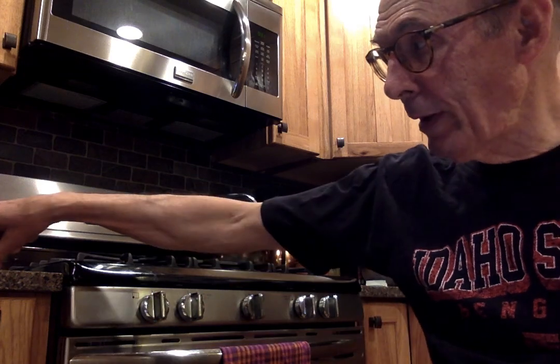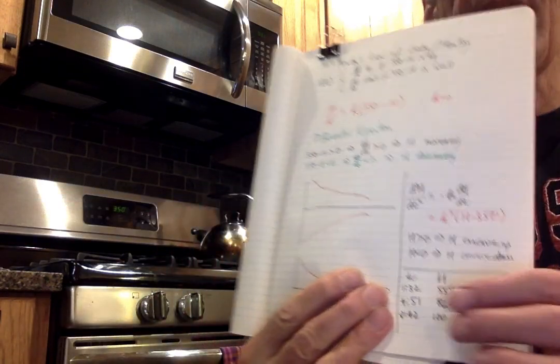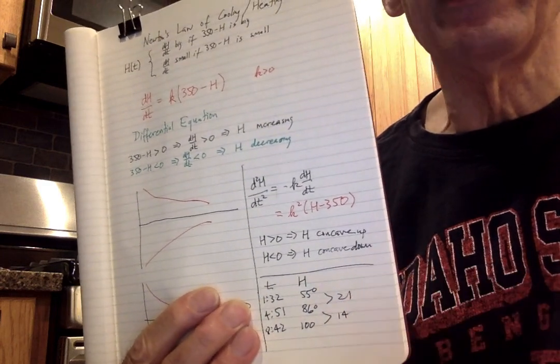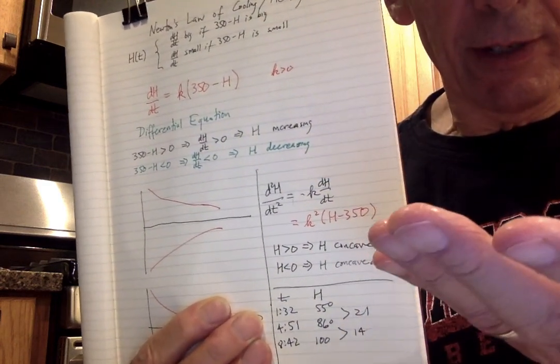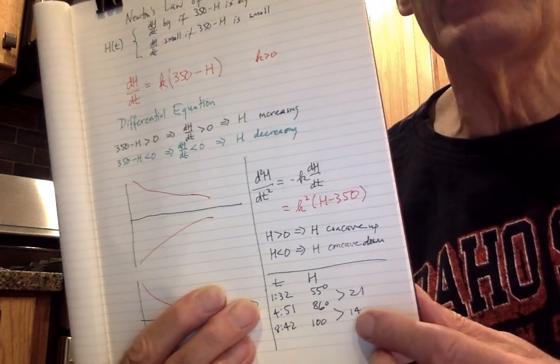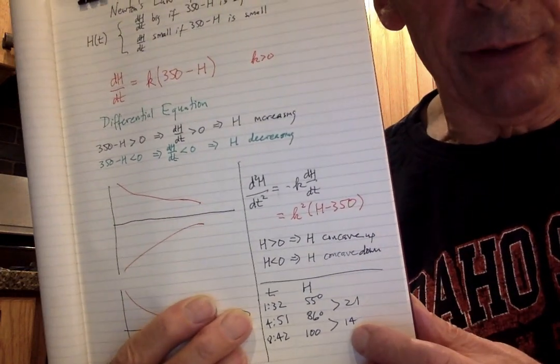And at 8:42, that's 4 minutes later about, the temperature was up to 100, so that is a difference of, I can do arithmetic in my head, can't I? 14. So the rate of change, when the temperature was far away, we got about 7 degrees per minute. And when the temperature started to get closer, we cut this down to below 4 degrees a minute.